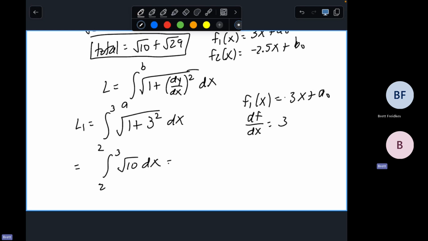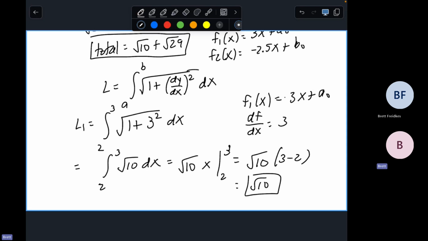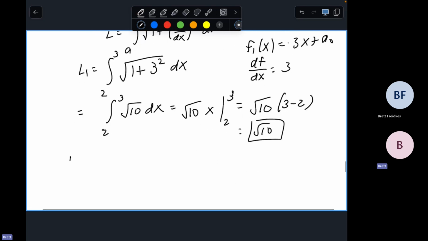What's the integral of that? Thank you. I know that's a dumb question to ask, but got to make sure. We'll integrate that and we get the square root of 10 as our length. Easy.